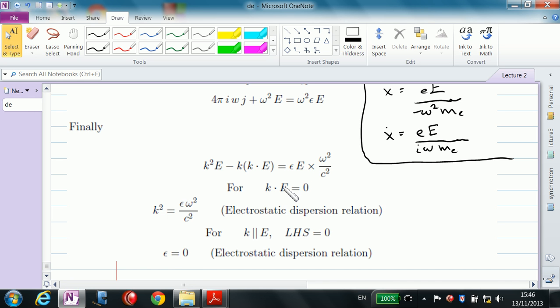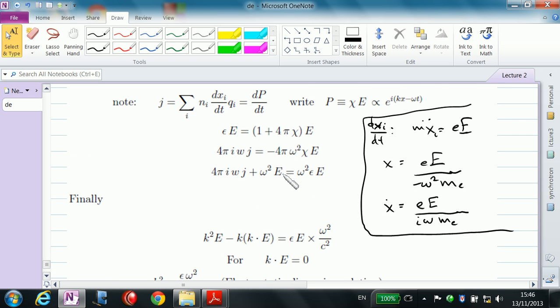And finally, I define epsilon this way. This is actually a definition. Epsilon is 1 plus, this is an omega.